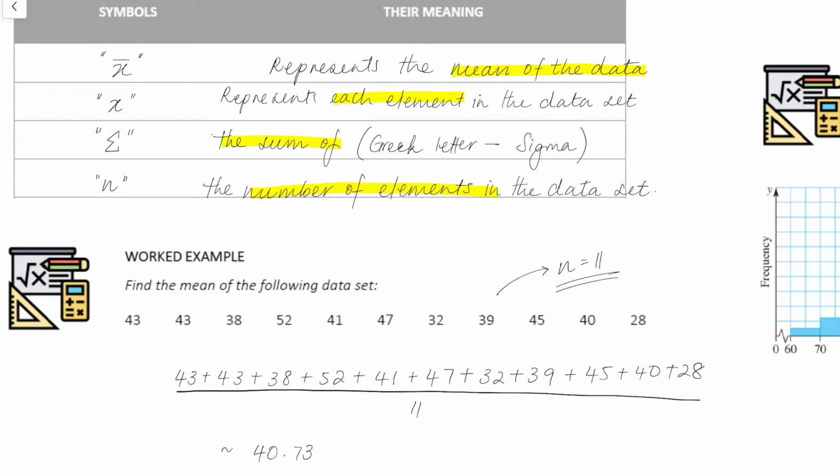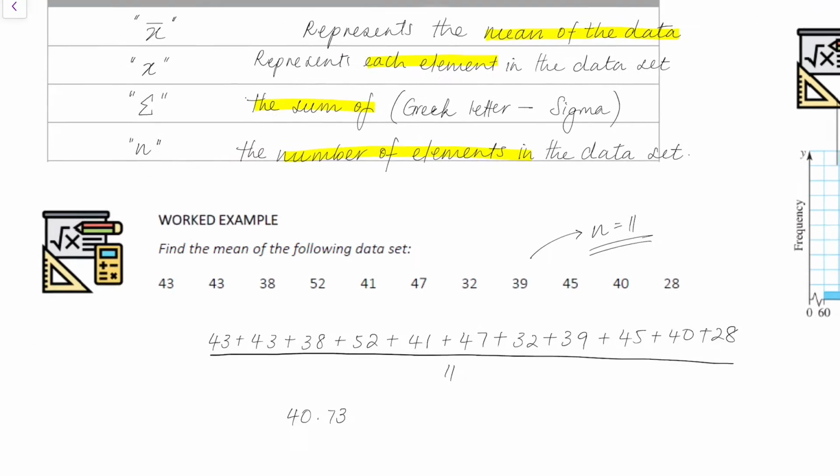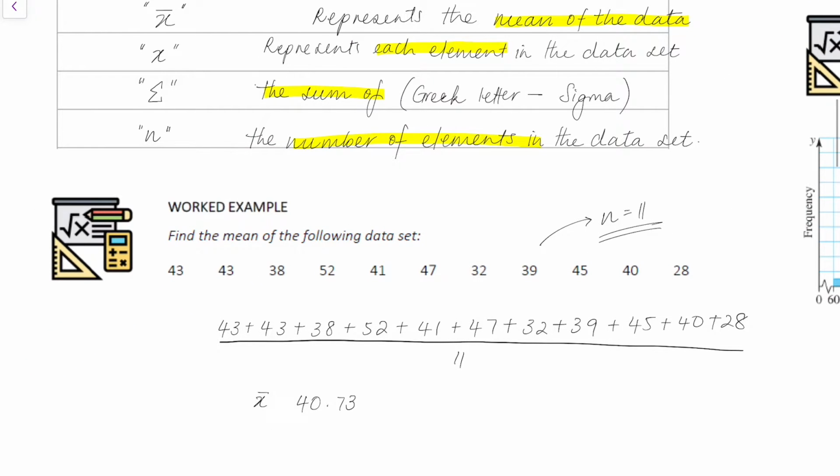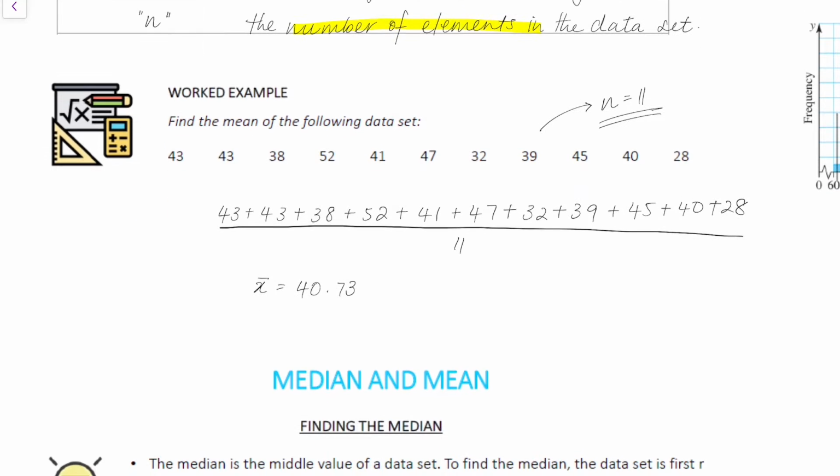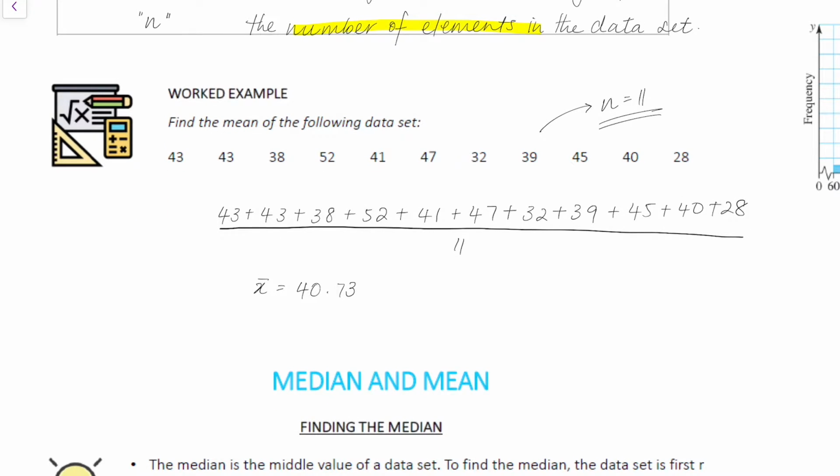Now that we know what the symbol is for the mean, I would actually go in and write the mean is equal to 40.73. Again, if the question hasn't specified, I would just round my answer to the nearest 2 decimal places.